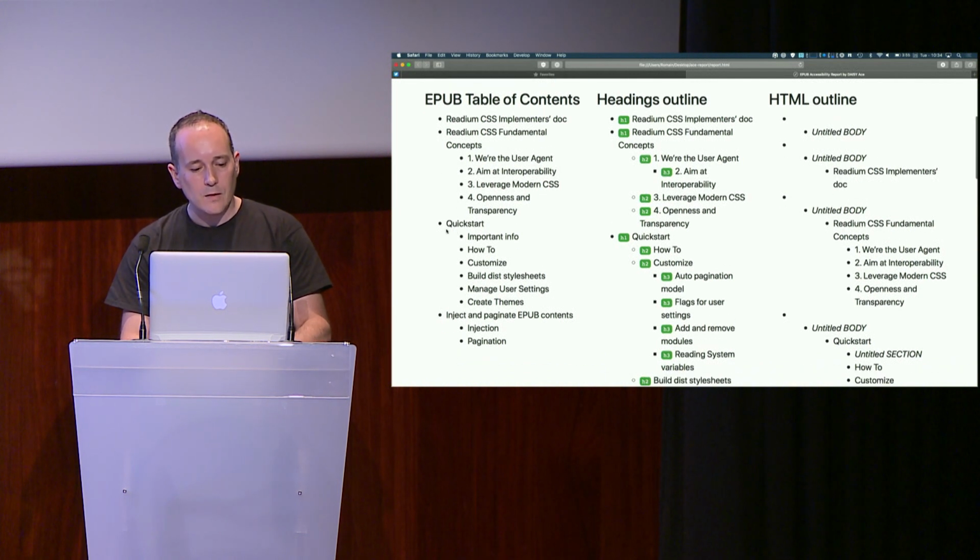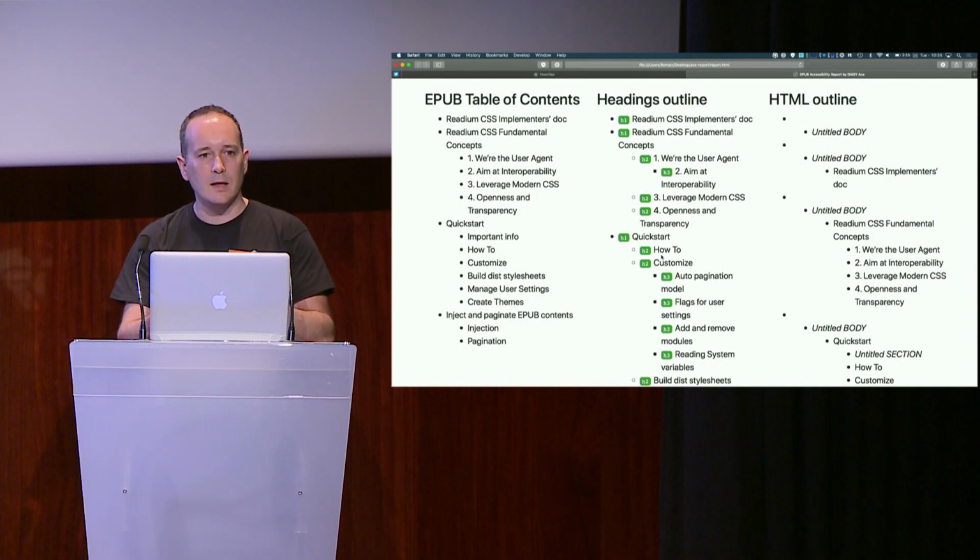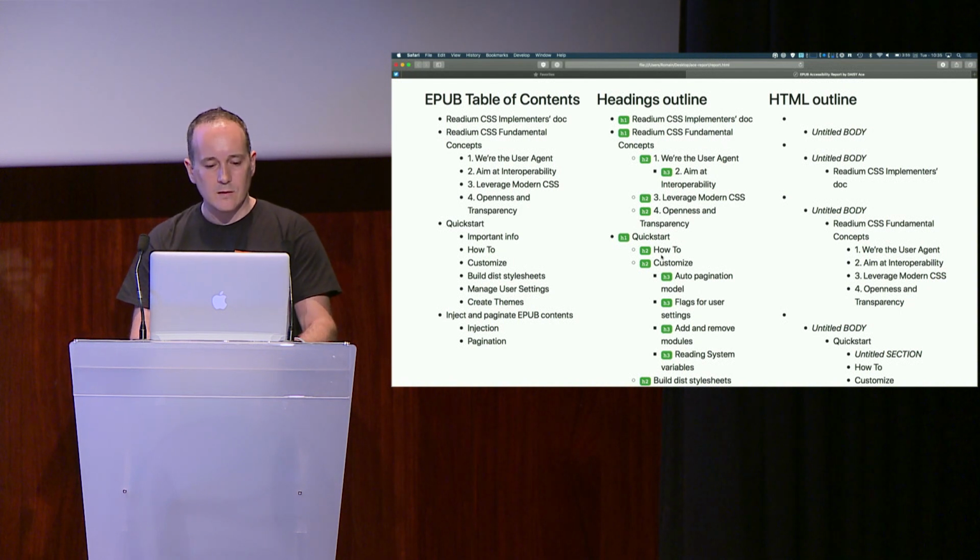Same here in the quick start section, there is a heading important info in the table of contents that doesn't show up in the headings outline. So possibly the user actually used something else, maybe a bold typeface to convey the heading visually, but didn't use the proper semantic markup to do that.